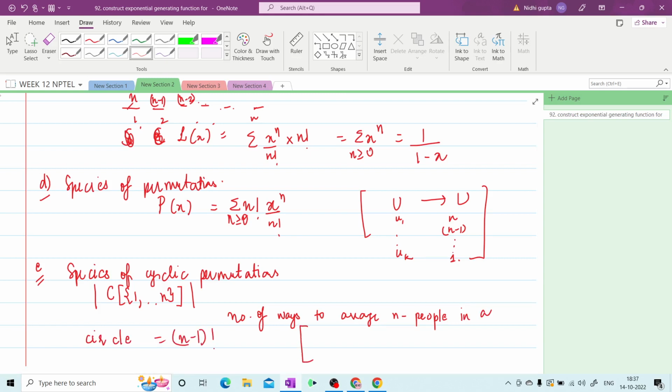And in one tutorial we proved this using bijective counting, by constructing an n to 1 function.